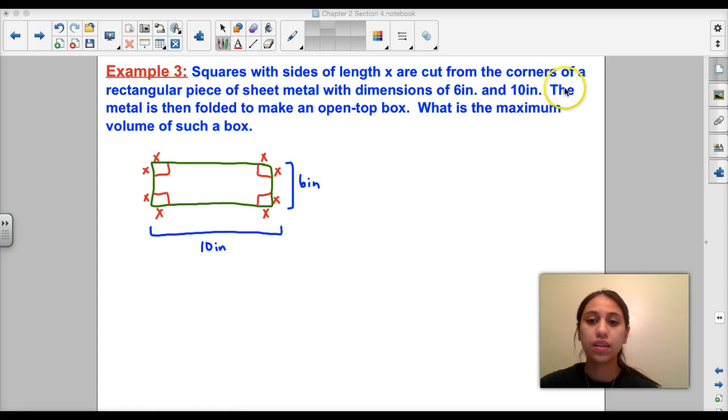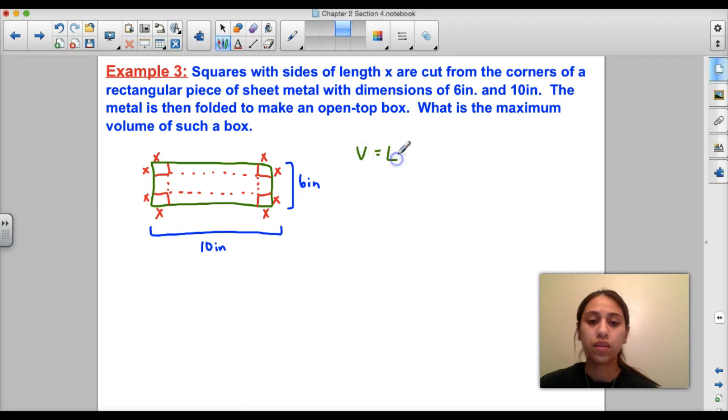So then it says the metal is then folded to make an open top box. So imagine if we had cut these out, right? It said there were squares from each corner cut out, then we would have it folded at these edges and it would make an open top box. Okay. Then it says, what is the maximum volume of such a box? So volume, if you remember, is length times width times height.